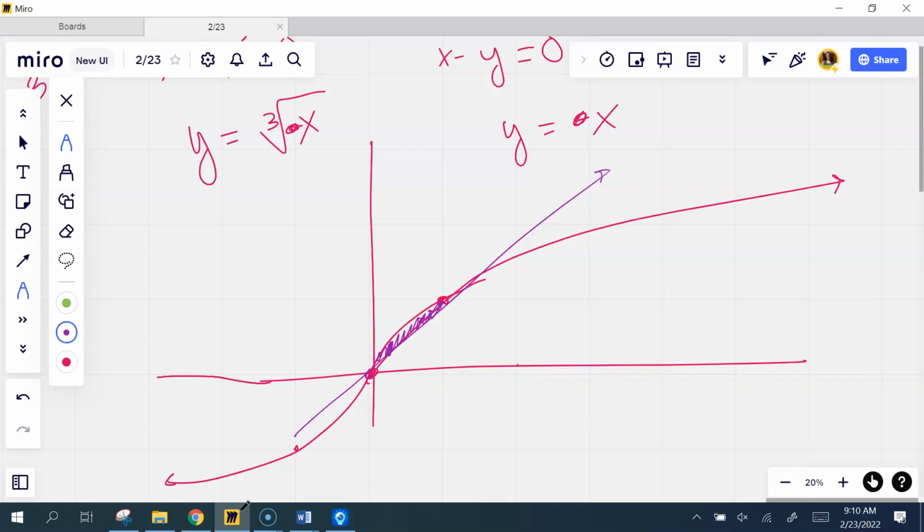Ooh, I can't zoom in enough. Okay, but I have to have intersection points. I know this is x equals 0, but I need to know what this value is. Again, if I have my calculator, that's easy peasy, right?